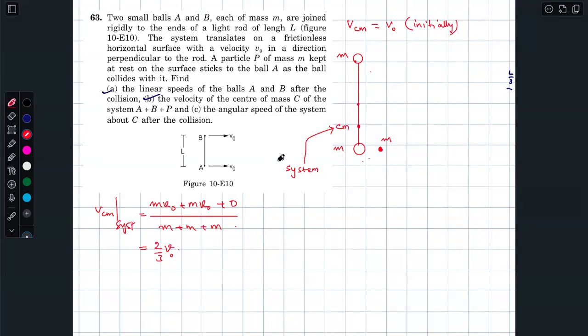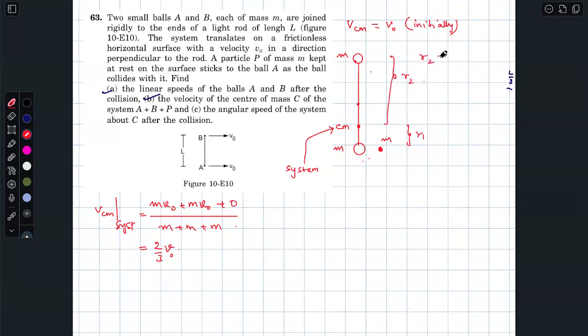That is the center of mass of the system as a whole, right? And you know clearly that this is at a distance of r1, and this is at a distance of r2.